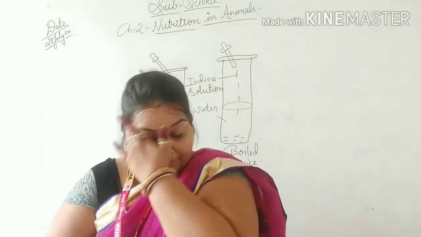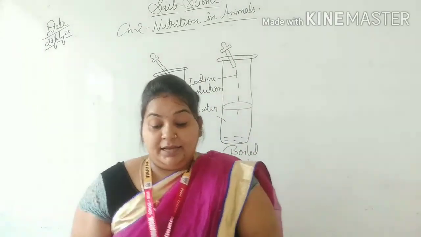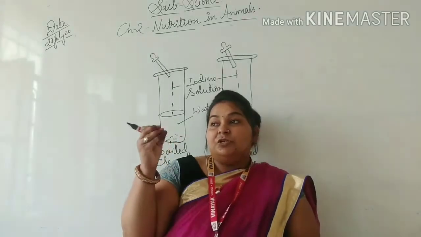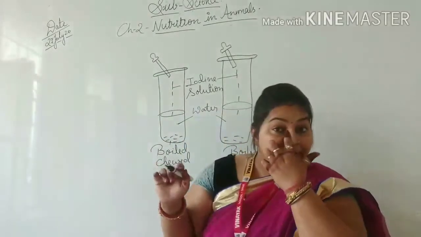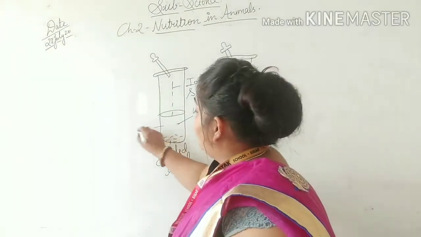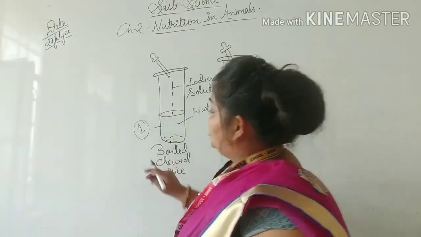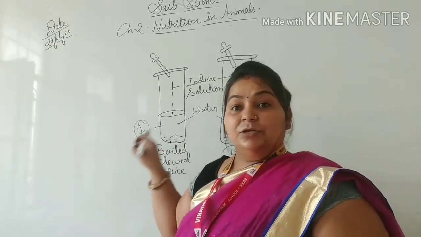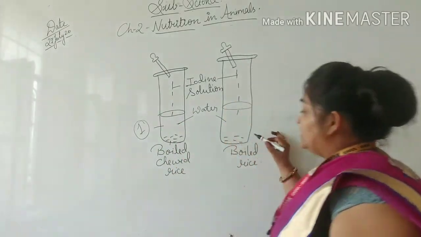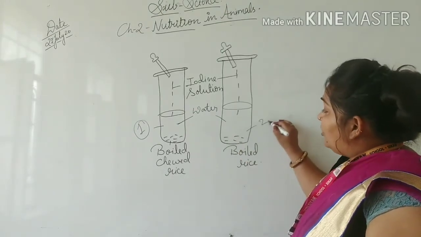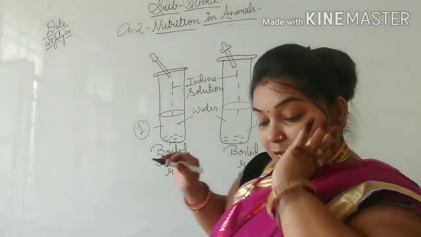Okay. Clear? You will chew for 5 minutes, and then you will take a full spoon of that and keep it in this number 1 test tube. You will just keep that chewed boiled rice in this, and only some portions of boiled rice in the other test tube.